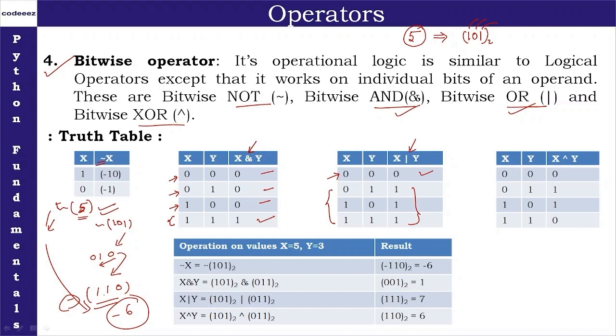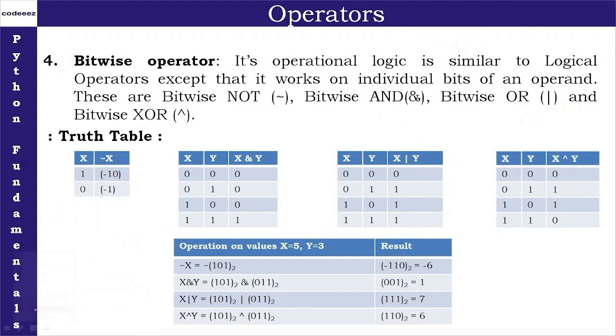Now comes the XOR operator. If we talk about the Boolean expression, it is something like X XOR Y. The expansion of X XOR Y is X dot Y bar plus X bar dot Y. This is how we calculate the result of the XOR operator.